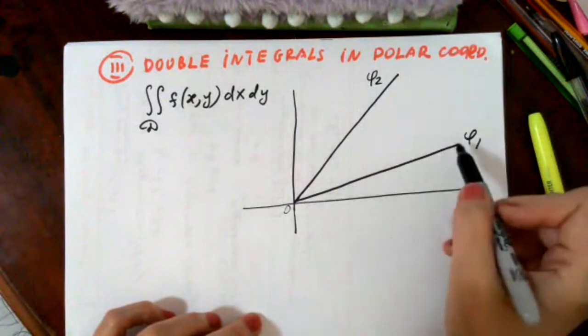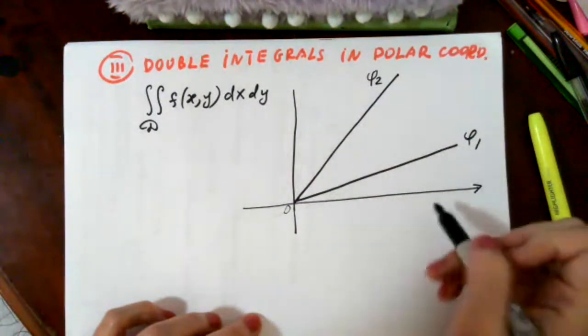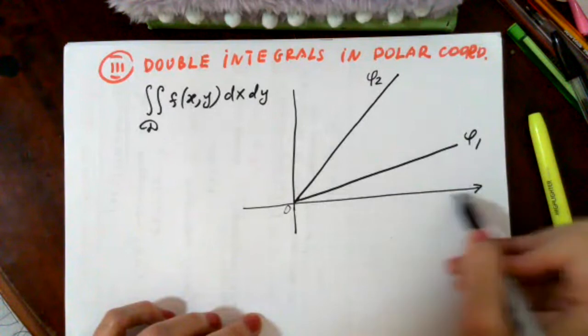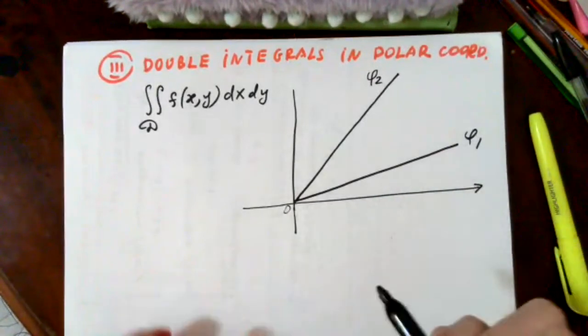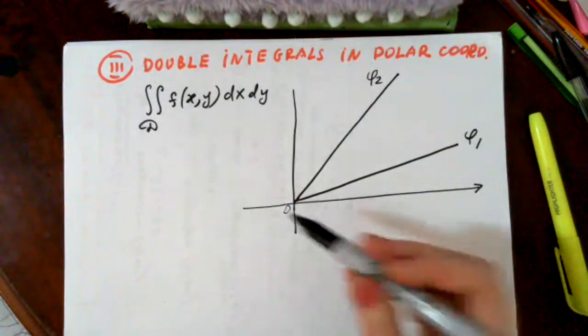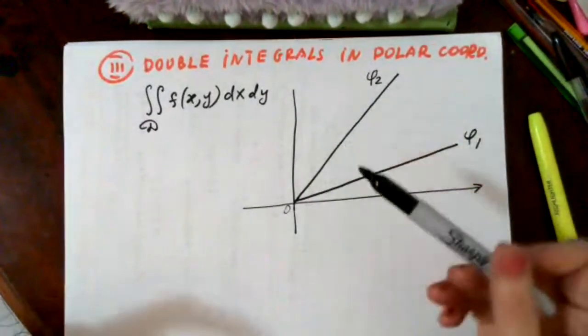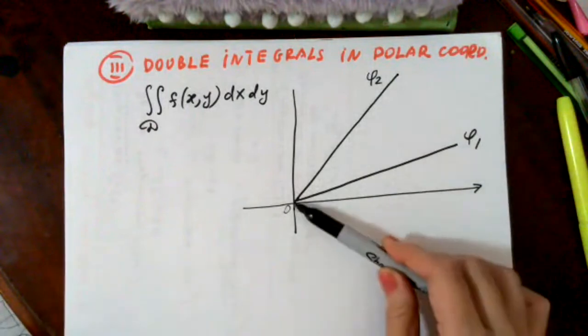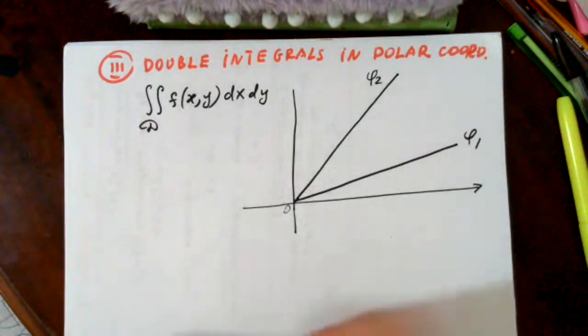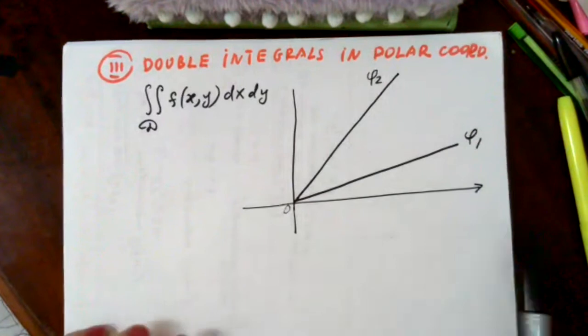Angle means the angle between the ray itself and the x-axis. It's called the polar axis as far as I know, but it doesn't matter. So squeezing of the region happens between two rays coming out from the origin. This is the difference.